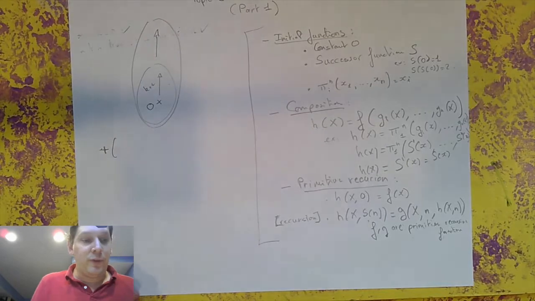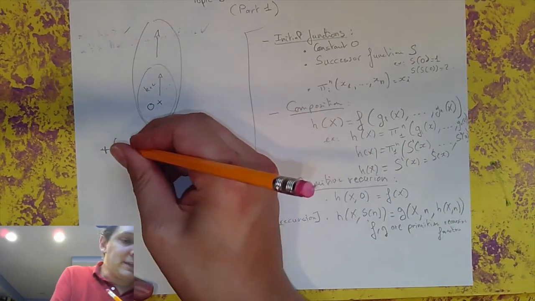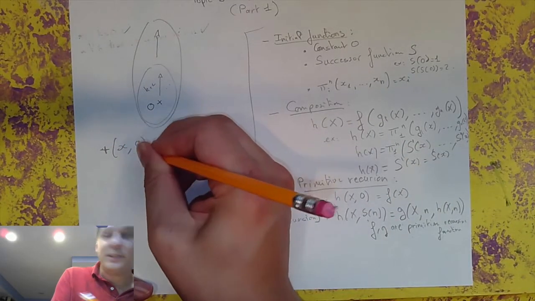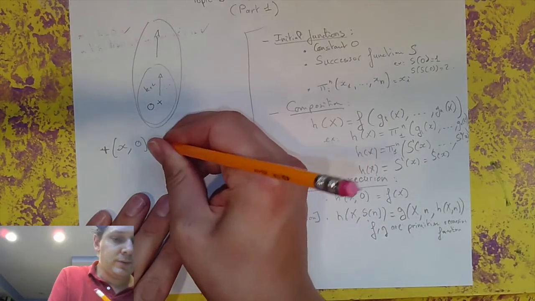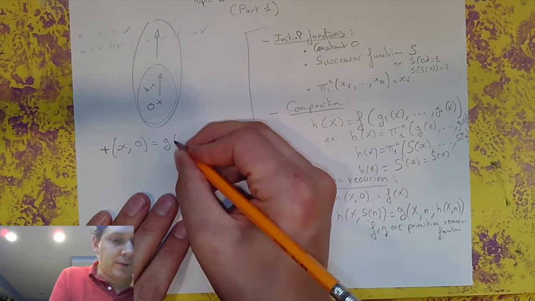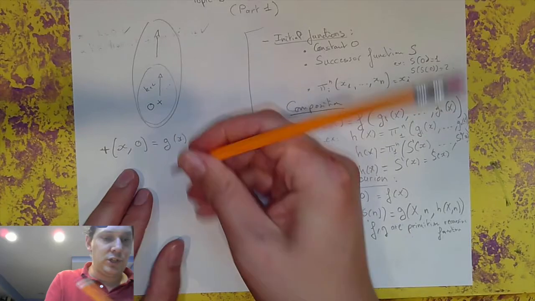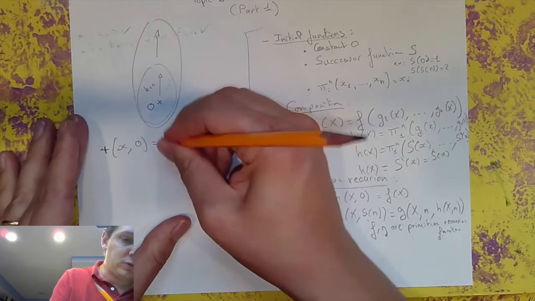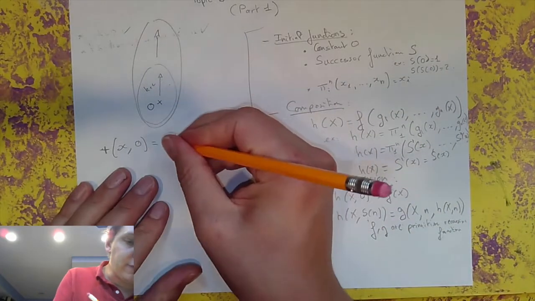Okay, so if I define addition, I'm going to start with the base case: plus x 0. Given my definition here, it's going to be equal to a certain f of x.